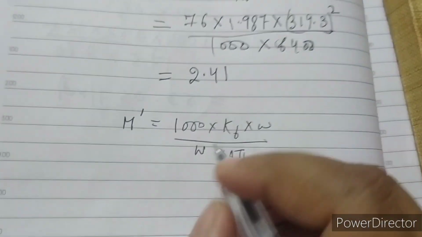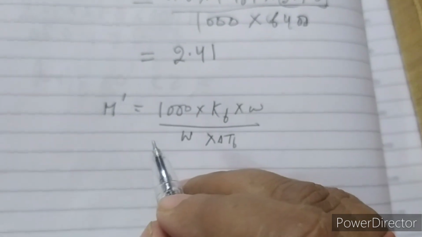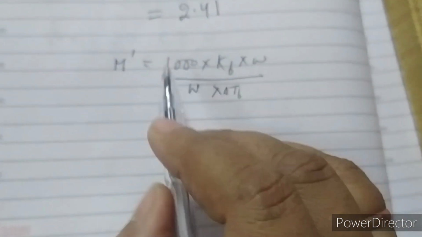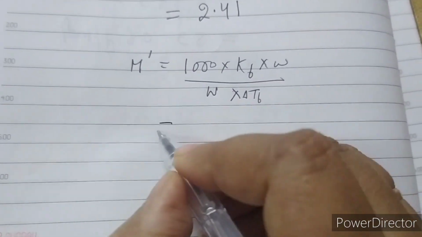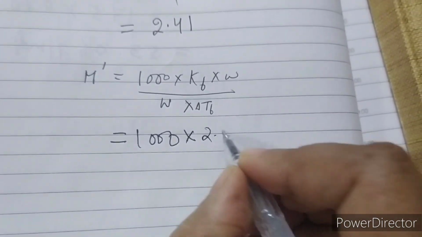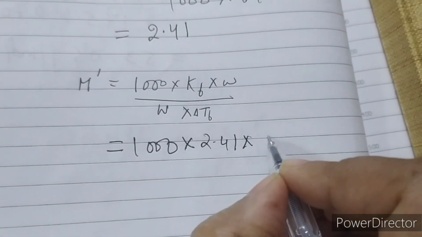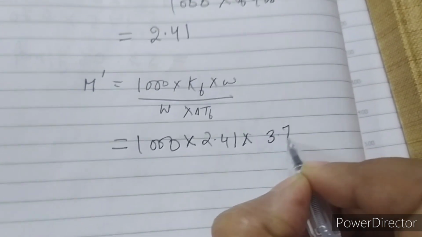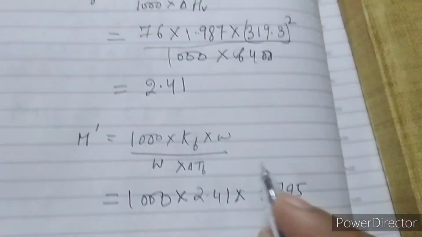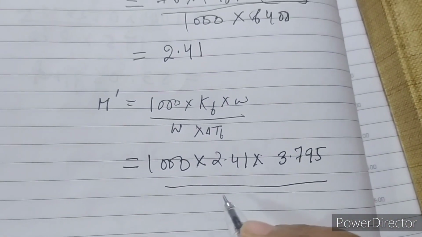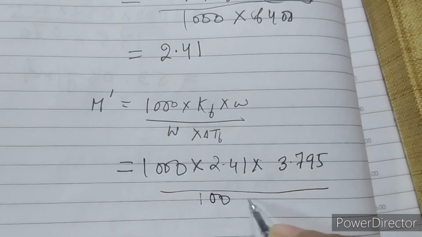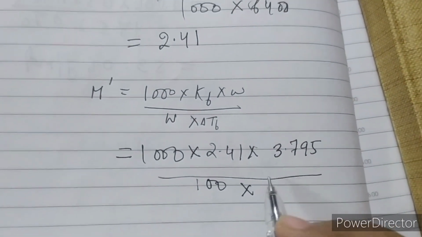Now you have to find the formula of the sulfur molecule, but for that firstly we want the molecular weight of the solute. So again the same formula that I used in numerical 1, we will use 1000 into Kb, that we have taken out as 2.41, into the weight of the solute, 3.795, that has been given in the question, divided by the weight of the solvent, that is 100, into the elevation in boiling point.